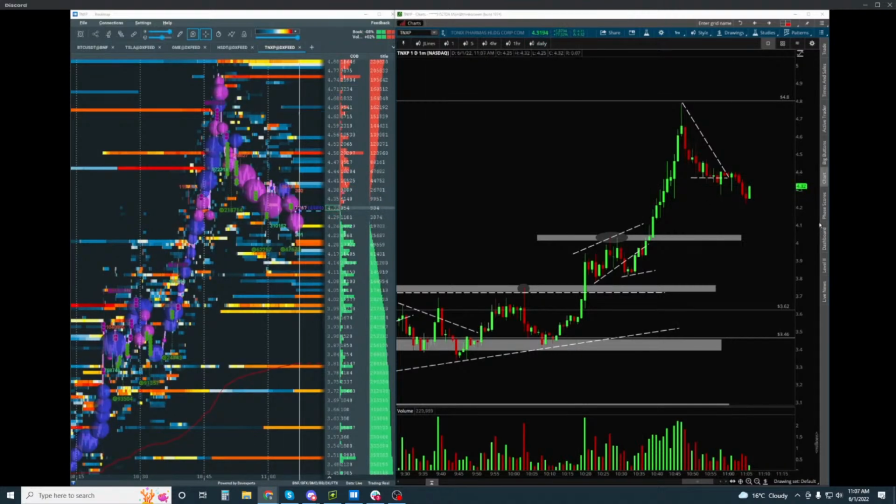Still making lower highs, still some big sellers in, holding this trade short. No reason for me to cover anything over here.